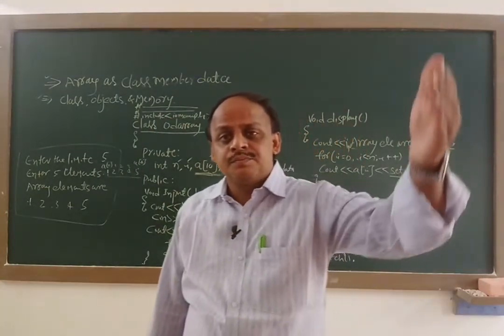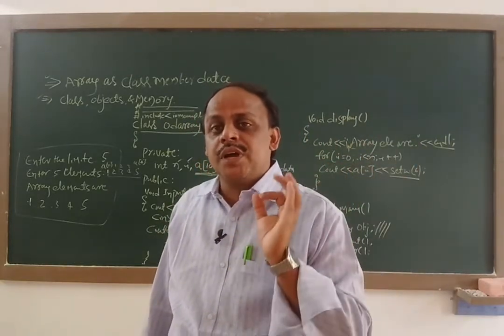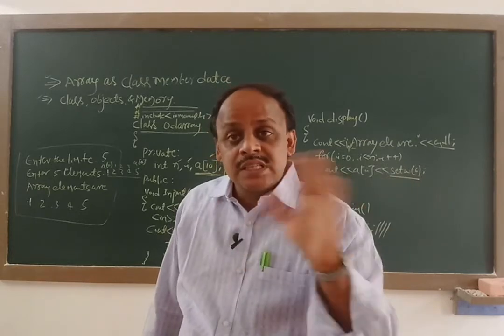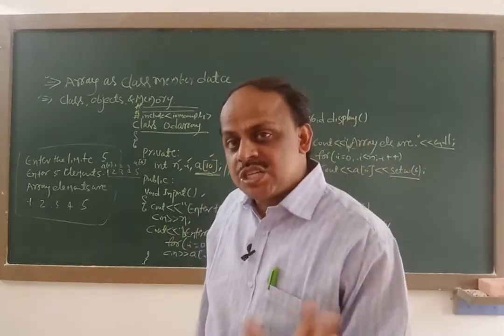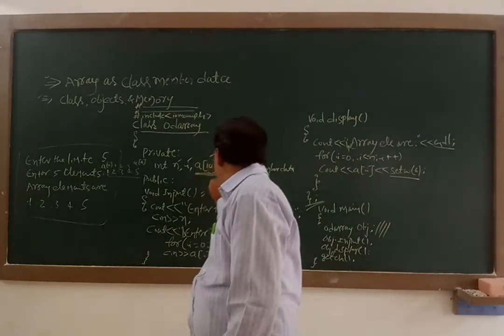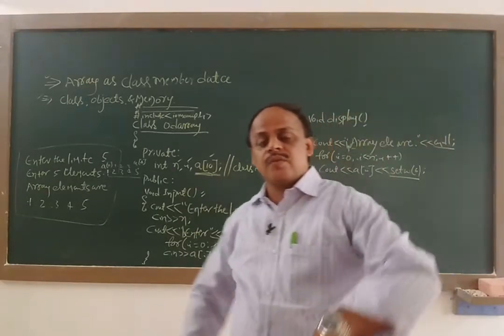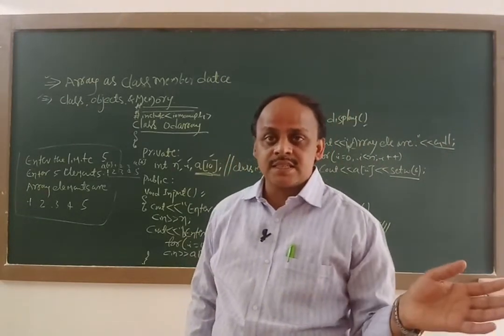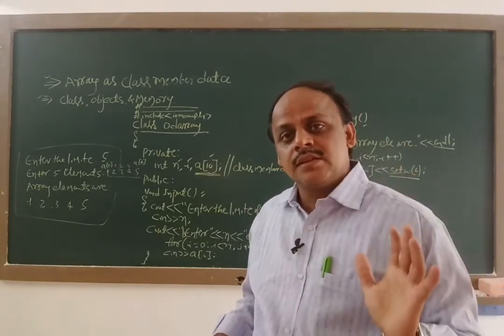Whatever the class members are there, for those class members memory is going to be allocated, and memory is never going to be allocated for the member functions. Here we use the input function and the display function. Even though objects of the class are declared, memory is not going to be allocated to the member functions.